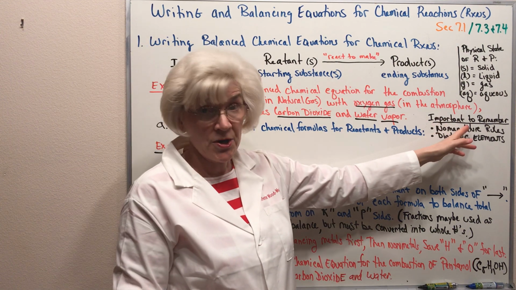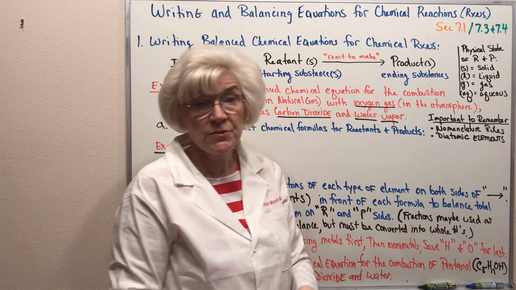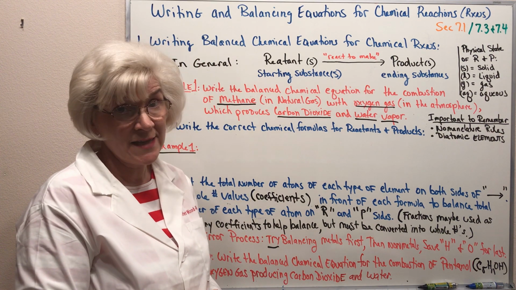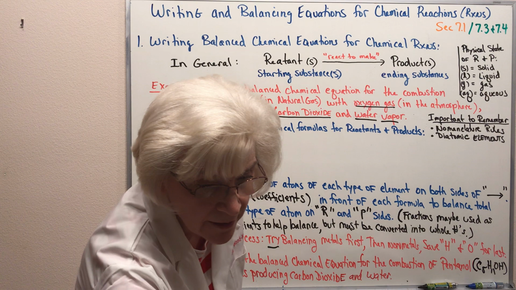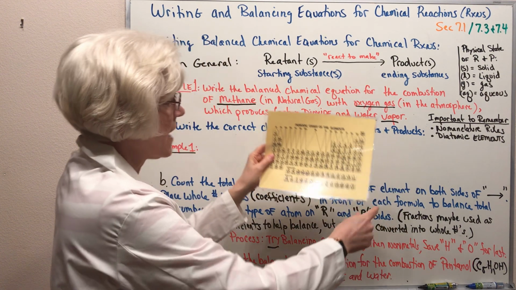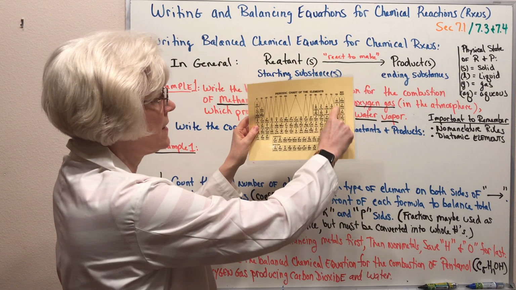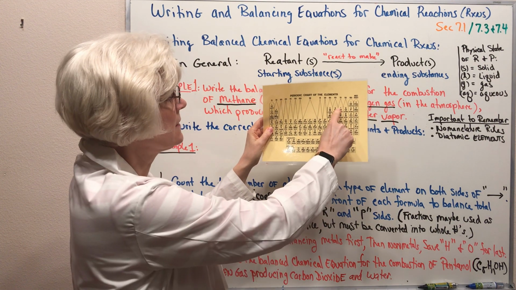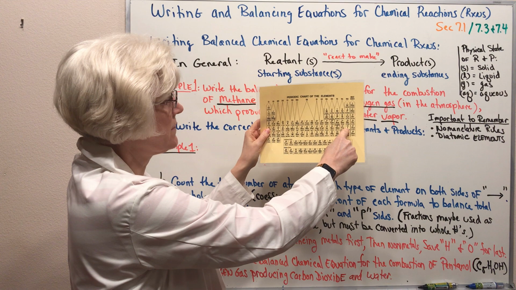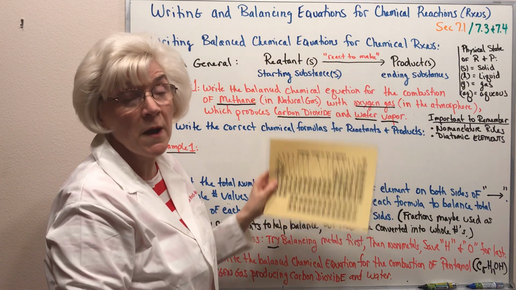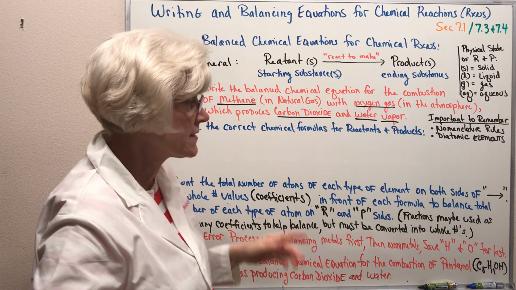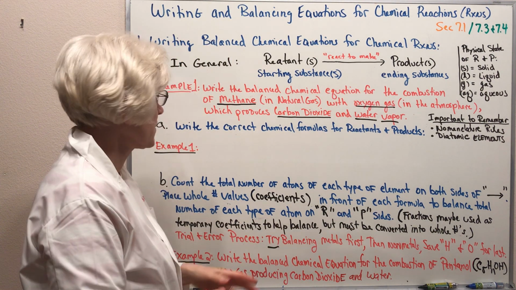So we need to remember our nomenclature rules, and we also need to remember which elements are found in nature as diatomic elements. A reminder that those diatomic elements are located on the periodic table in the shape of an upside down L: nitrogen, oxygen, all of the halogen family, as well as the element hydrogen. They are found in their elemental state as diatomic molecules.